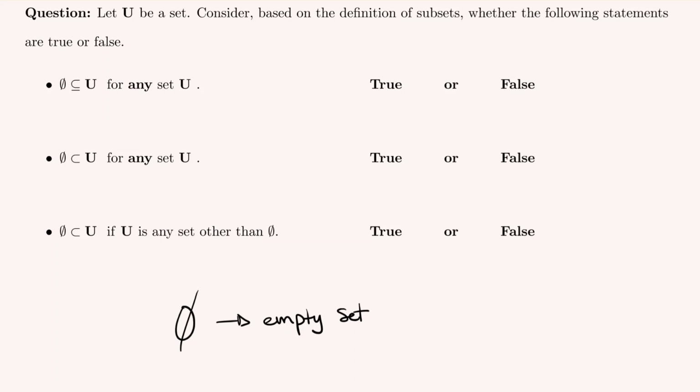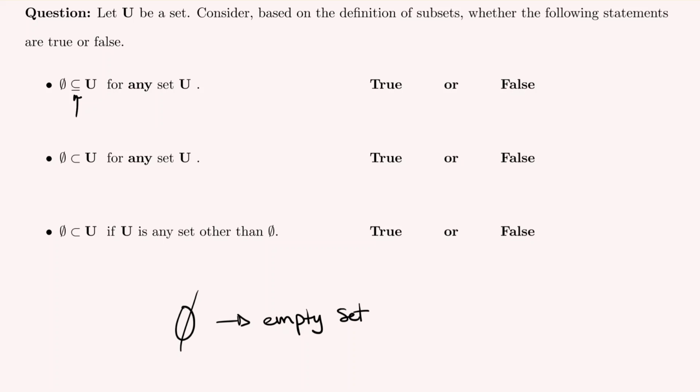So let's check the definition of subset. It means every element here is also an element here. So what are the elements of the empty set? By definition, the empty set has no elements. So this is what we would call in mathematics a vacuously true statement.